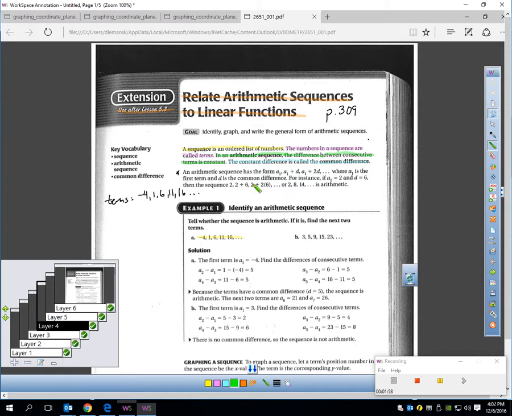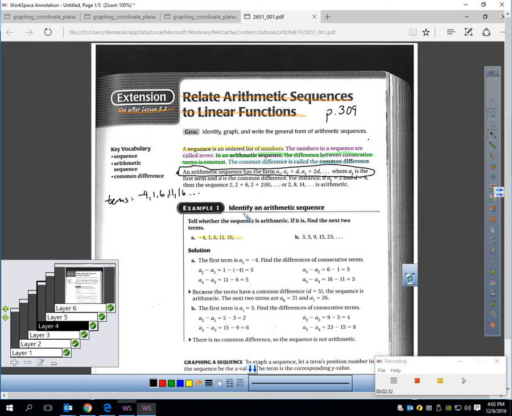An arithmetic sequence would have the form, now when you see a sub 1, that's an algebraic way of saying we have the first term of the sequence, followed by the next term would be the first term plus the common difference, followed by the first term plus twice the common difference, and so on. This might look really complicated, but it's saying a very simple idea. I think it's going to be easier to show you an example.